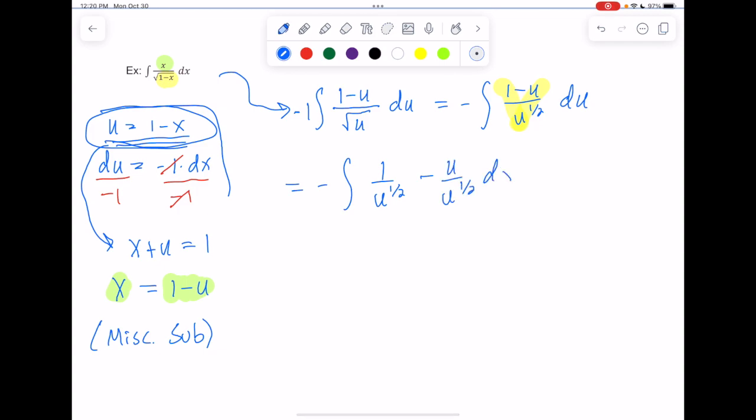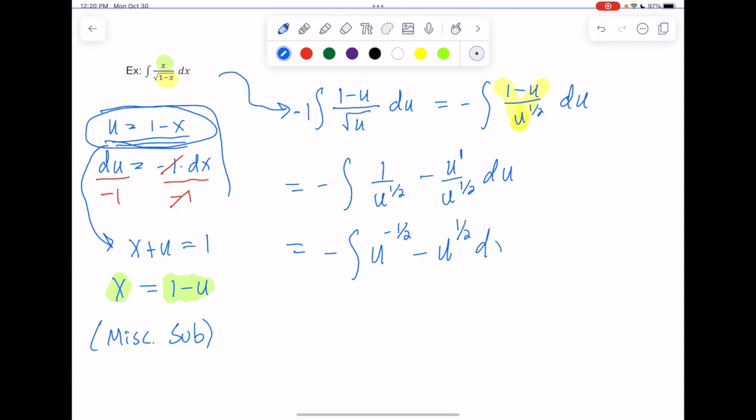And then I can reduce each one of these or rewrite them in a way where I can use the power rule. So this first piece becomes u to the -1/2. If I just bring that up to the top, its exponent changes signs. On the second one, I can just subtract exponents. So u to the 1 minus 1/2 becomes u to the 1/2.